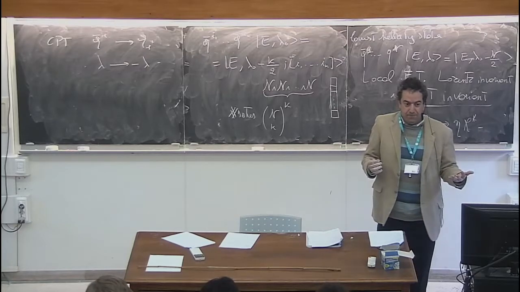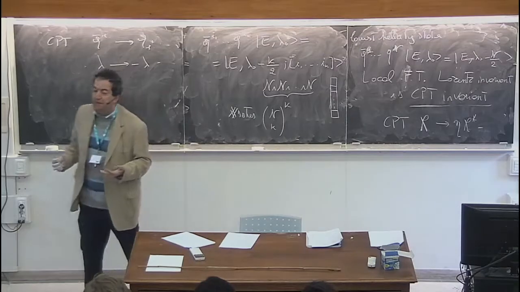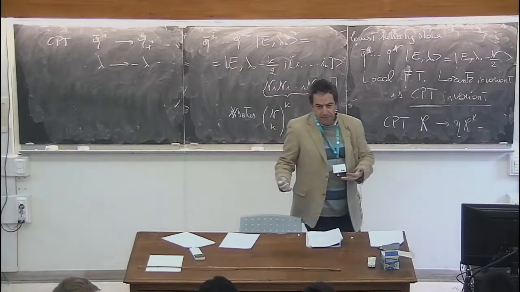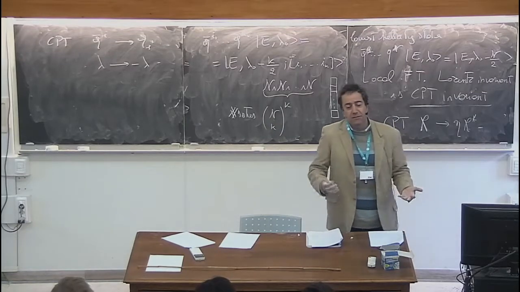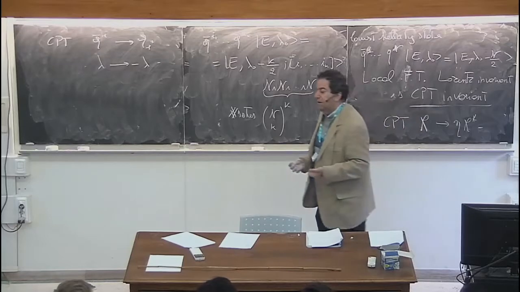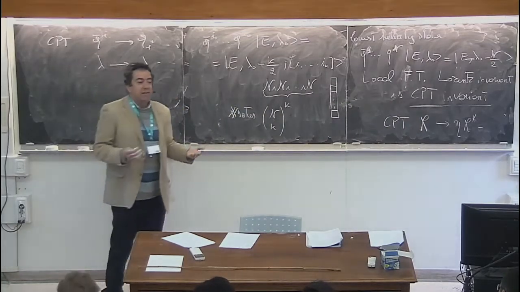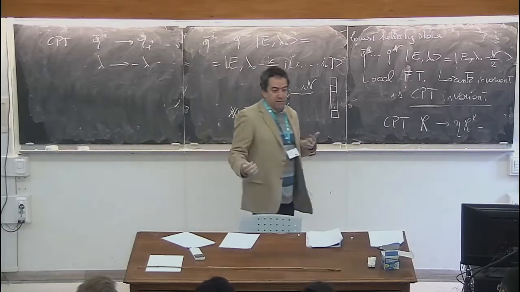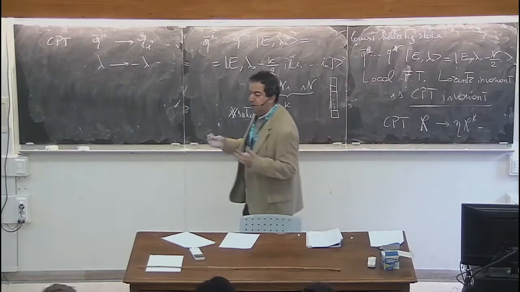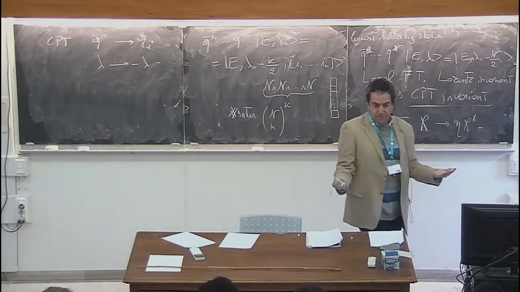It means that the CPT transformation has to map the carrier of the representation into itself, the states of our irreducible representation into states of the same space. So for each helicity, it should contain the opposite one.